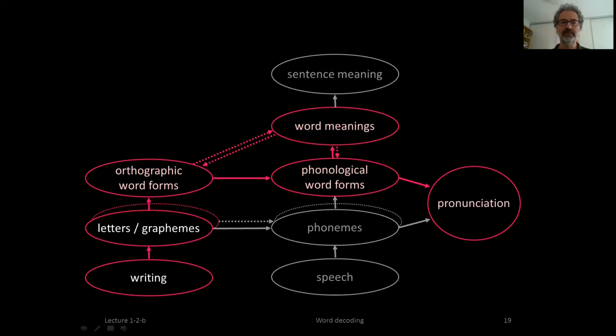So we've added a bunch of arrows there to indicate additional connections that must exist in this developing reading system, which is grafting itself onto this spoken language system.